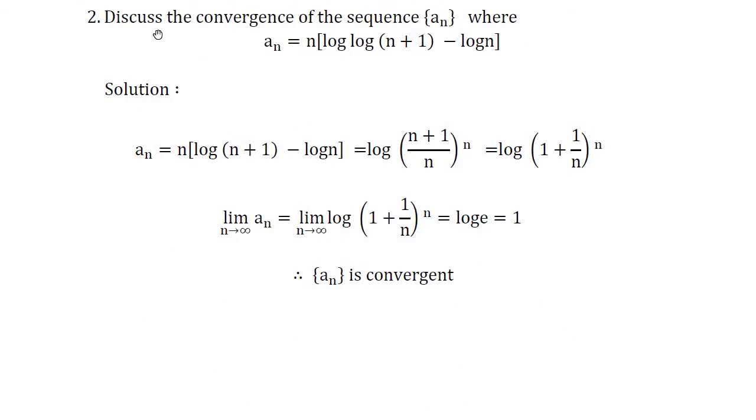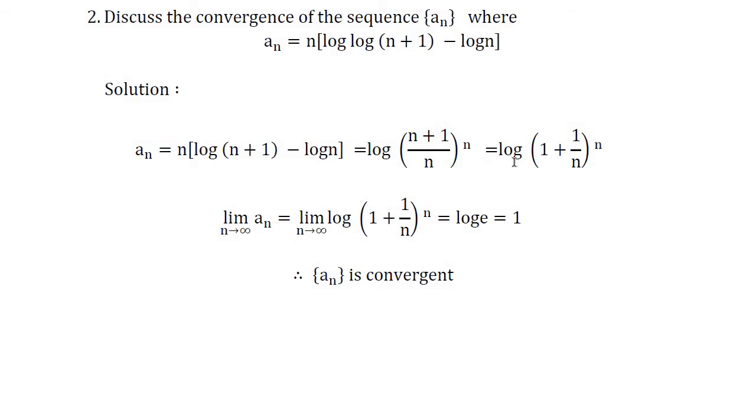Next one, discuss the convergence of the sequence an where an is equal to n into (log of n plus 1 minus log n). Consider an and simplify this, that can be written as log of ((n plus 1) divided by n) whole power n. We use the formula log m minus log n can be written as log of m divided by n. Again outside we have n, take that term to power, we get this term.